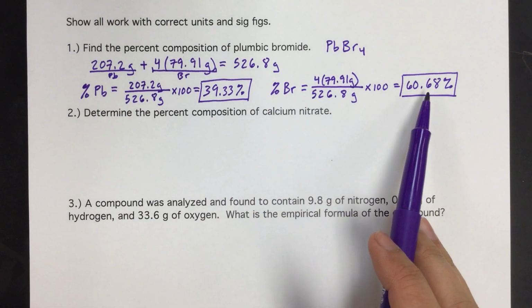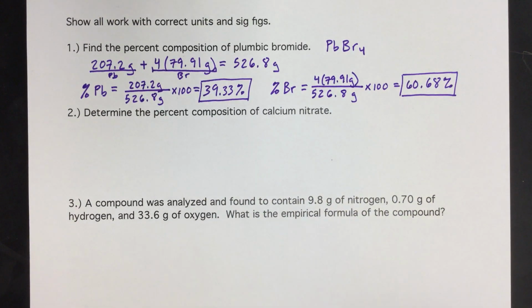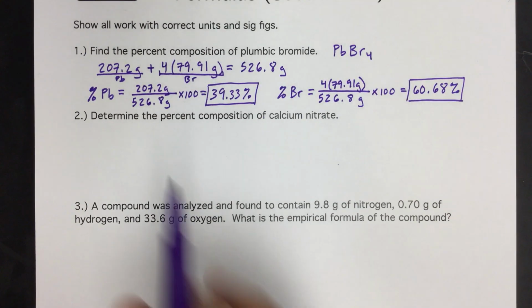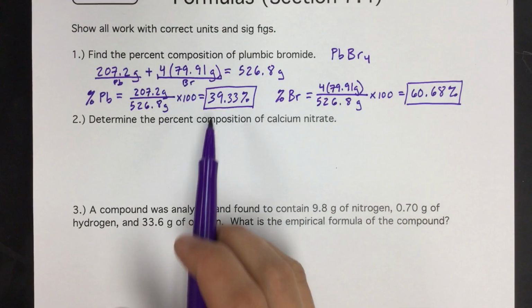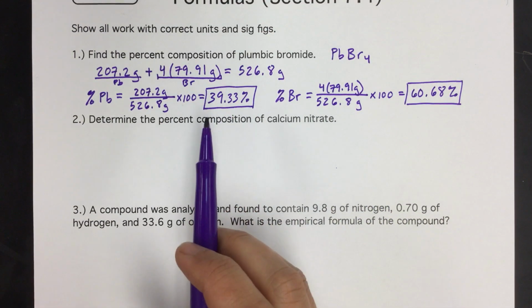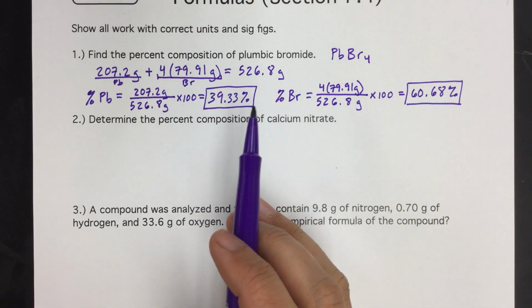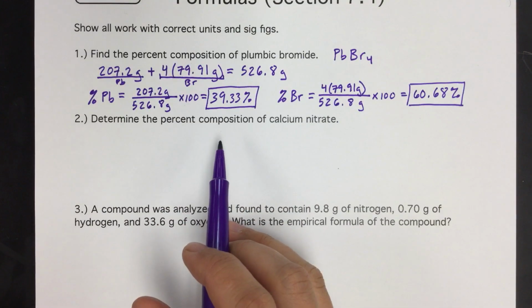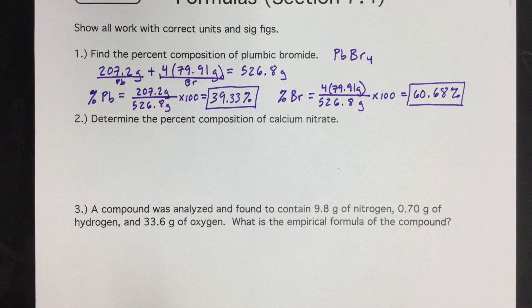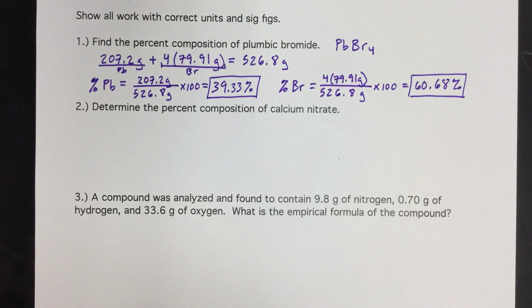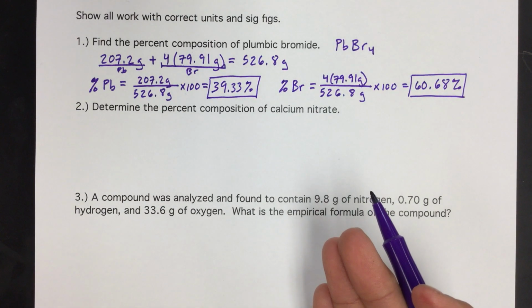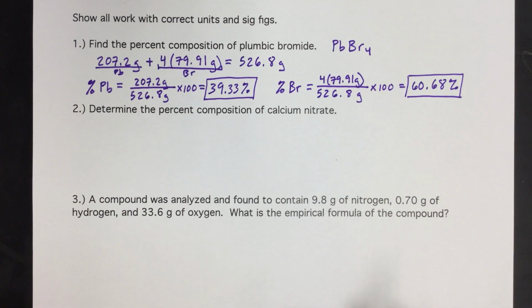The reason these don't exactly add up to 100 has to do with how you're rounding with sig figs, and that's one reason why you always want to actually work out both calculations, rather than just calculating one and subtracting it from 100. It won't always work out that way. These do not add up exactly to 100, but it's very, very close. And so after you get these answers, you can feel like your answers are probably correct if they add up to roughly 100.